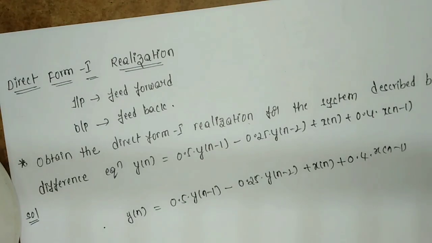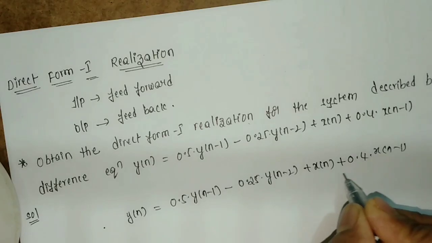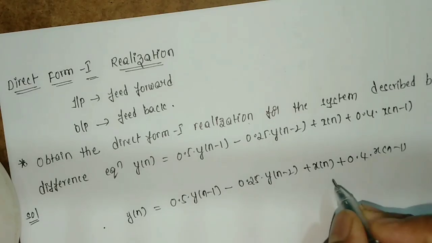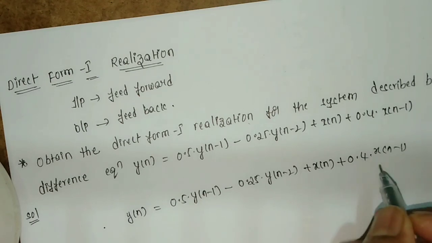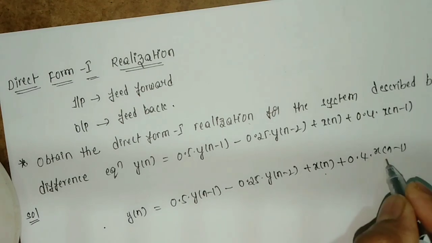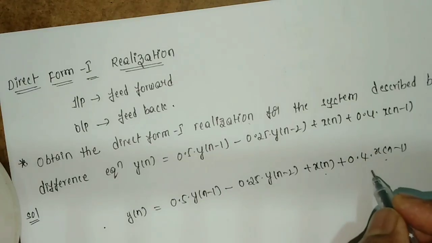Now, in this, the first step is to make all the input terms a separate variable. The input terms here are x of n and 0.4 into x of n minus 1. This is the present input and this is the past input. Anyway, these two belong to the input side.